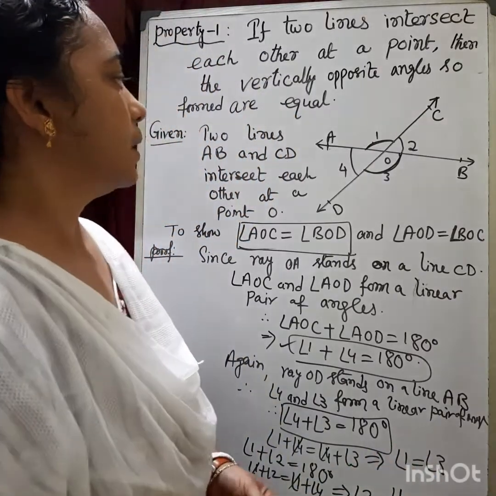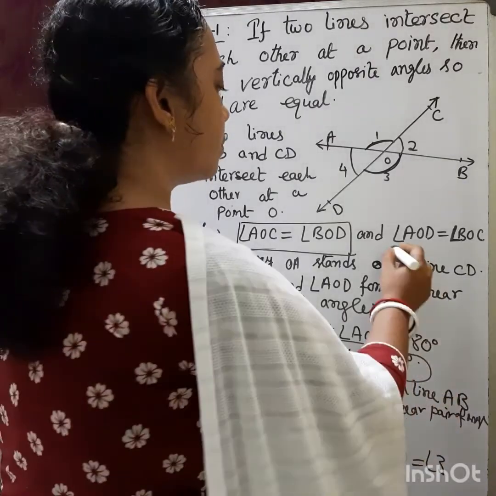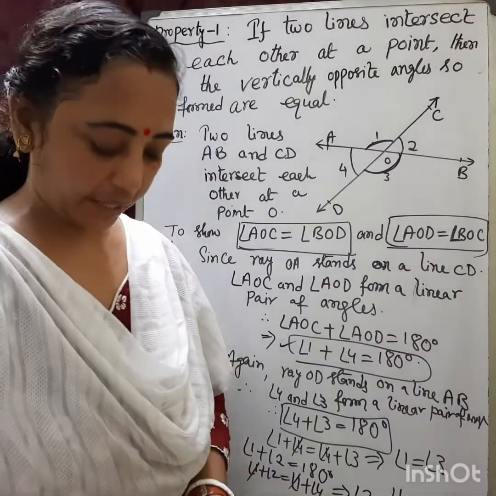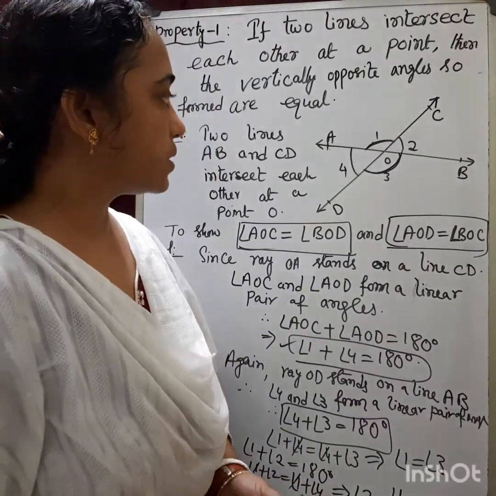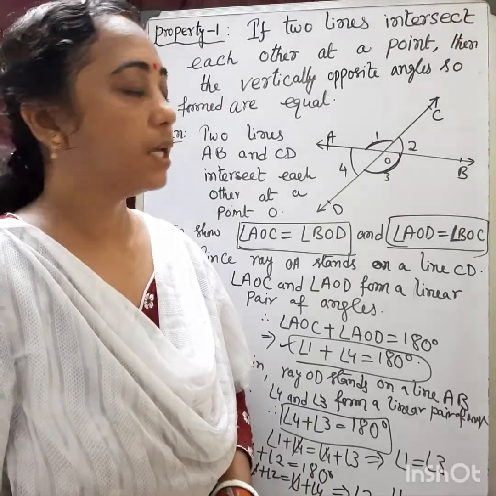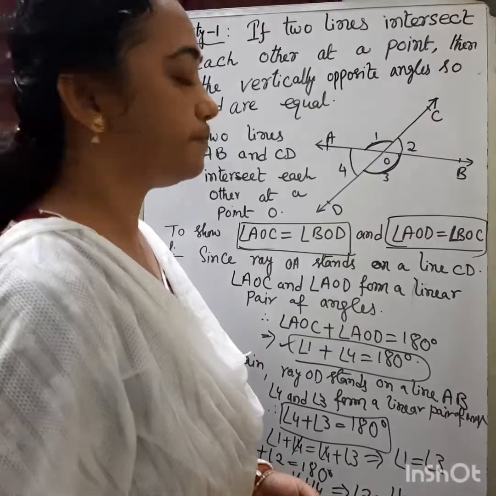That means angle AOD is equal to angle BOC, which is another pair of vertically opposite angles. So these two pairs of vertically opposite angles are equal. So that means, if two lines intersect each other at a point, then the pair of vertically opposite angles so formed are equal.